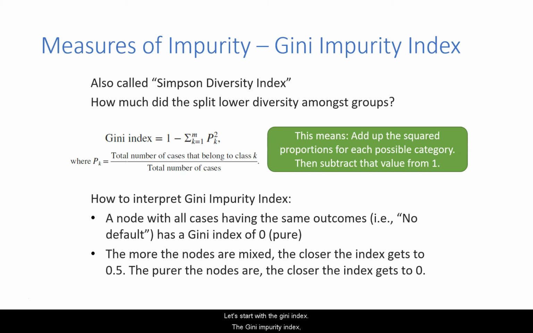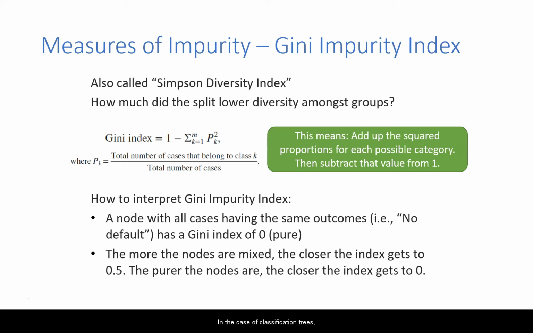The Gini Impurity Index, also called Simpson Diversity Index, is a widely used measure in many disciplines, including statistics and economics. It was created by the Italian statistician Corrado Gini in 1912, and it is widely used as a measure of economic inequity and income distribution.